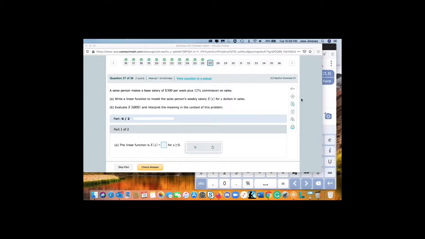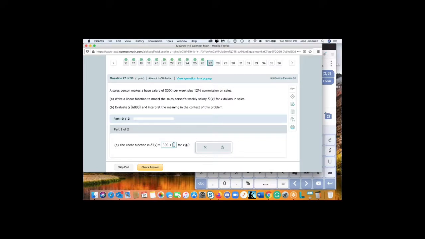So when I write the equation, I will start with 300 and then I will say plus. Remember, I never use the percent. I had to change it into 0.12. Remember, don't forget to change it to a decimal by moving the point twice to the left.